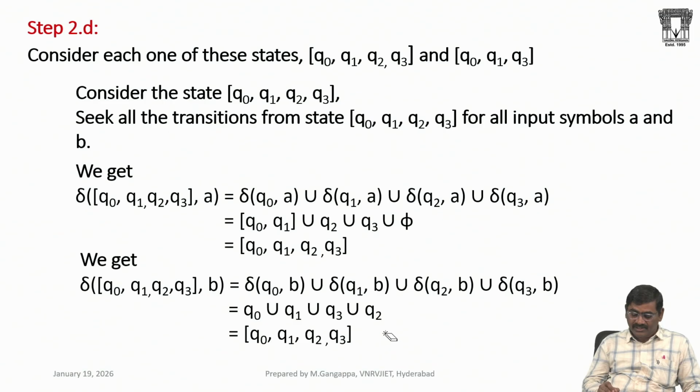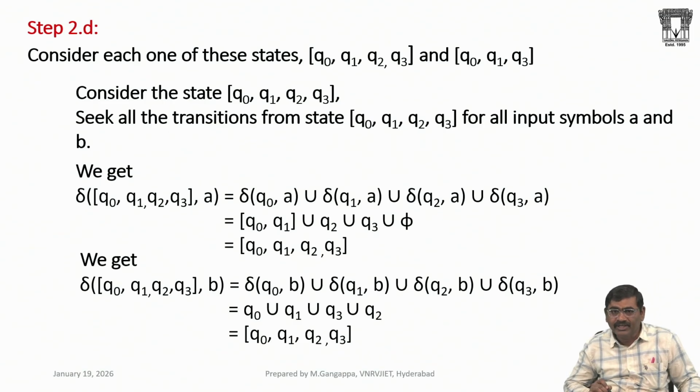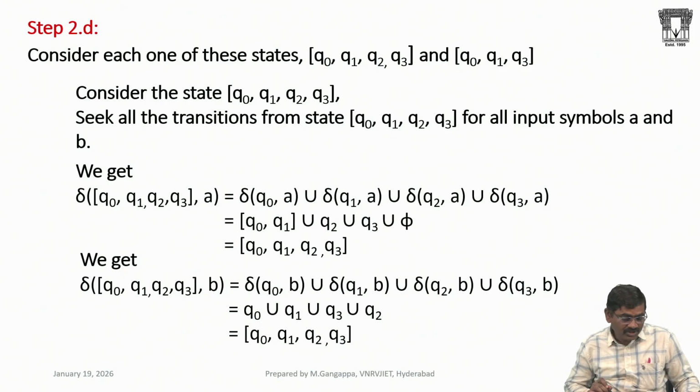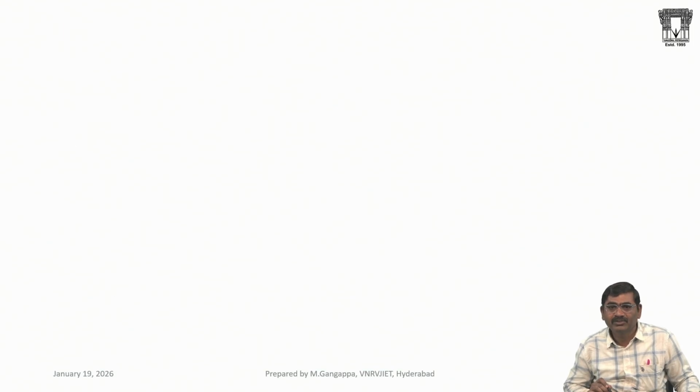And after that, we have one more new state generated from the previous step, that is Q0, Q1, Q3. So again, here we need to make the transition for the state Q0, Q1, Q3 with input A and B. So that is shown here.